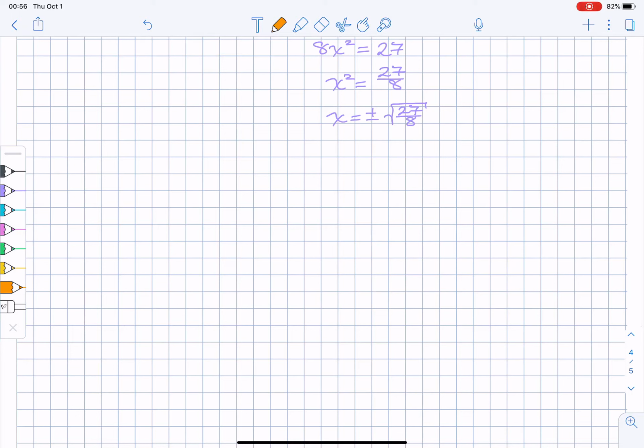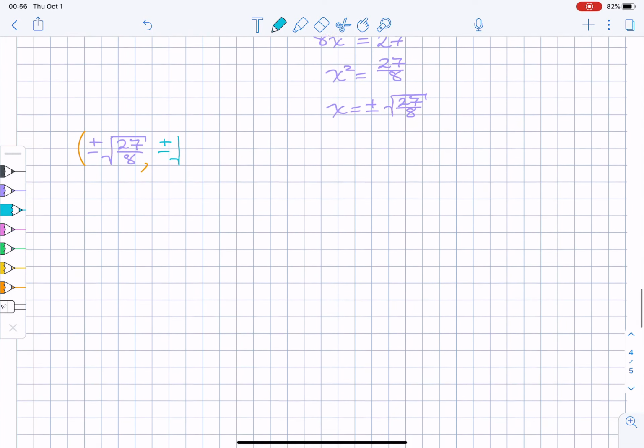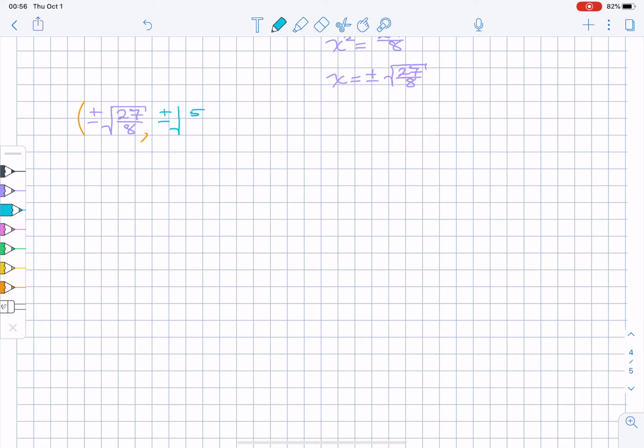So we will have, I'm going to write it like this, plus or minus the square root of 27 over 8, which of course we could reduce to 3 root 3 over 2 root 2, comma, then plus or minus the square root of, what was it, 5 over 8? Yeah, 5 over 8 for y.